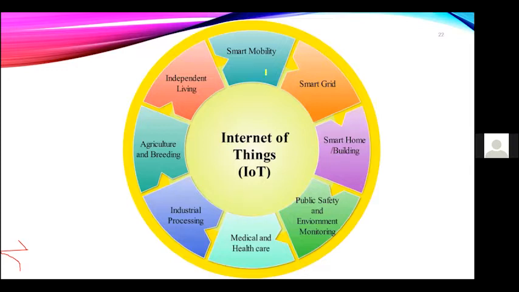Again, the domains in which work is going on with IoT are smart mobility, smart grid, smart home, public safety and environmental monitoring, medical healthcare, industrial processing, agricultural breeding, and independent living.